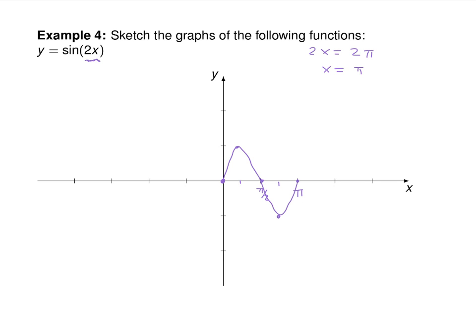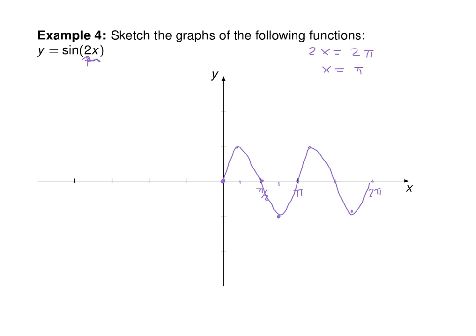Okay, we'll graph one more. I'm going to point out another cool pattern. 2 pi. So you go up, down, down, up. How many full oscillations of the sine function occur in 2 pi? 2.